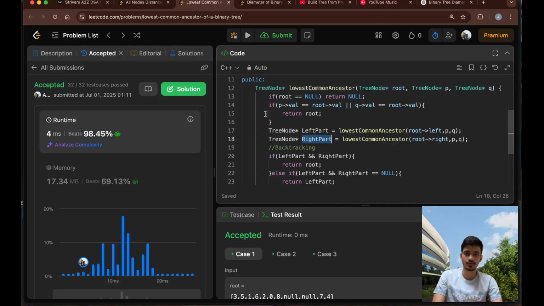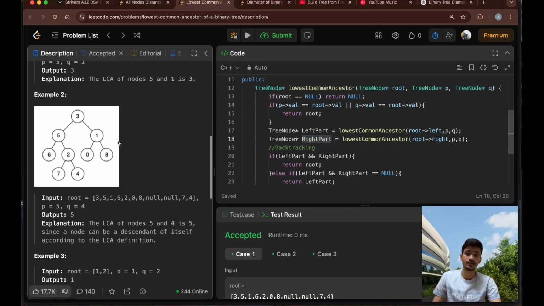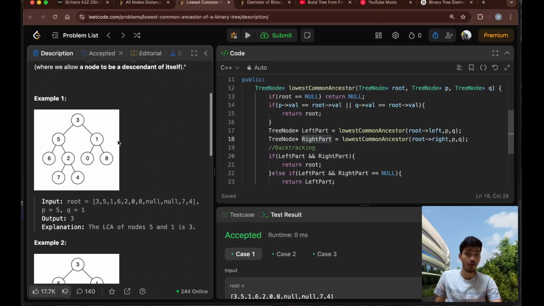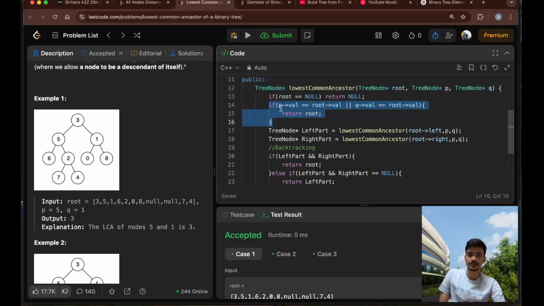Let us again recap what we have just done. First of all, we have written that if any of them, p or q, is found at the root only, then return only the root, because its children, wherever it is, doesn't matter.